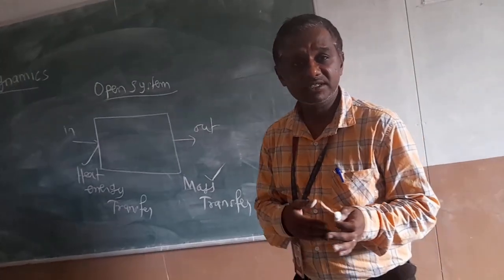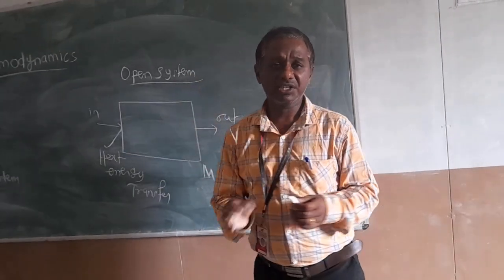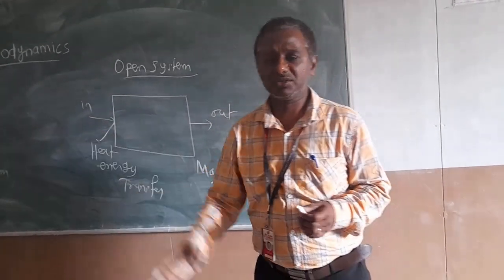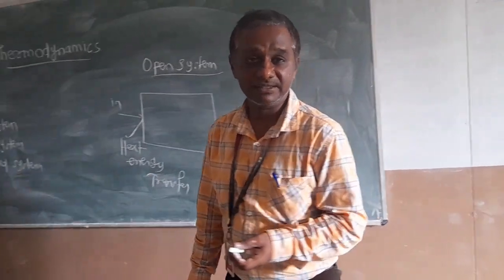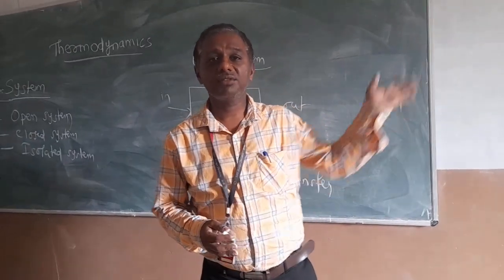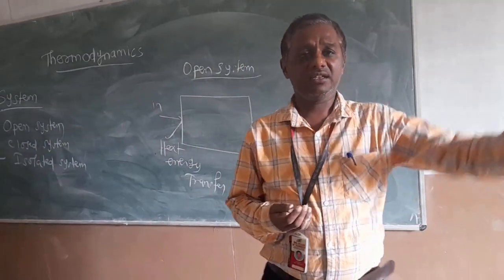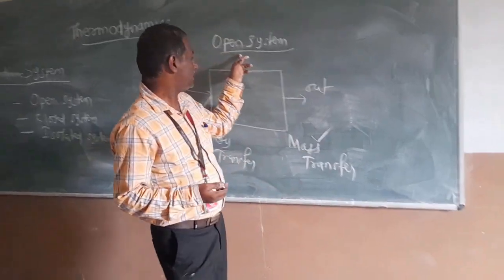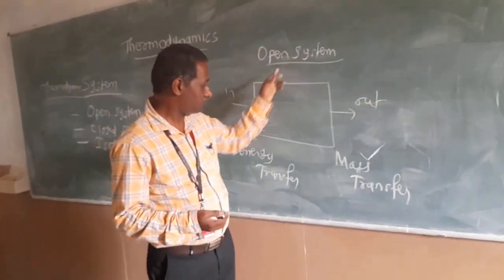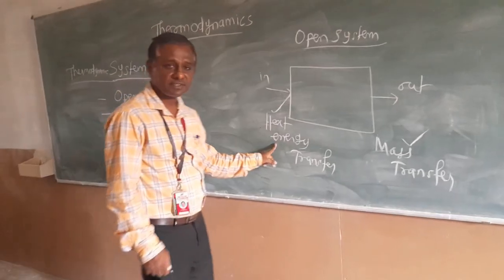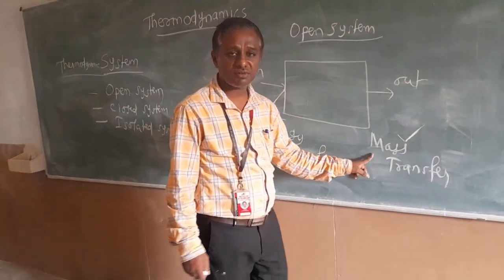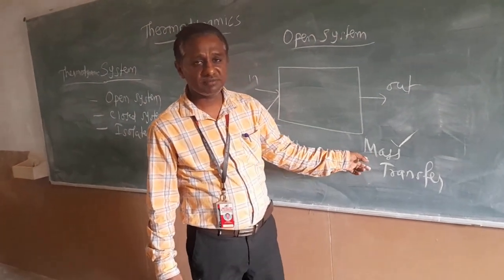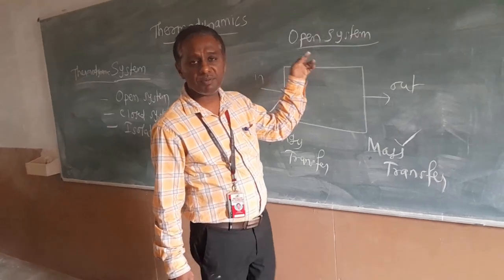The burnt gas goes outside during the exhaust stroke, through the exhaust system called the silencer. So the mass is also transferred to the outside of the system. This is called the open system. Both energy transfer and mass transfer are there in the system; then only the system is called an open system.